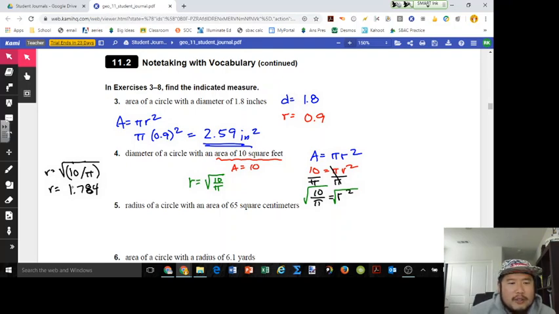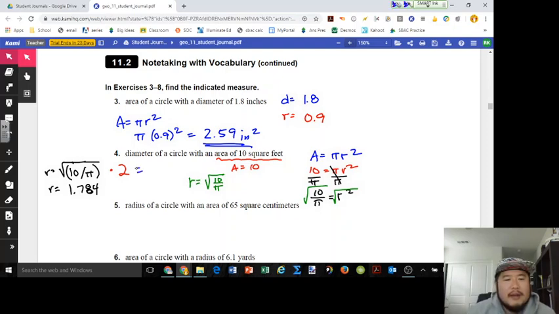However, I don't want you just using this rounded number right here, okay? Because we're trying to find the diameter, remember, we need to take whatever we get right here, and this is where you would use your calculator, and then take this and then multiply it by 2. Because if we double the radius, then that gets us our diameter.